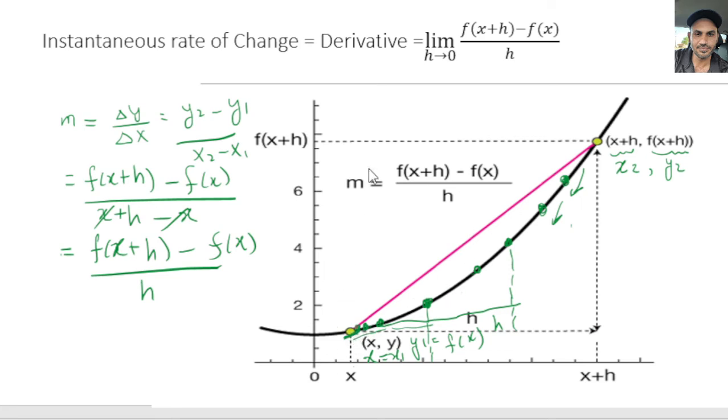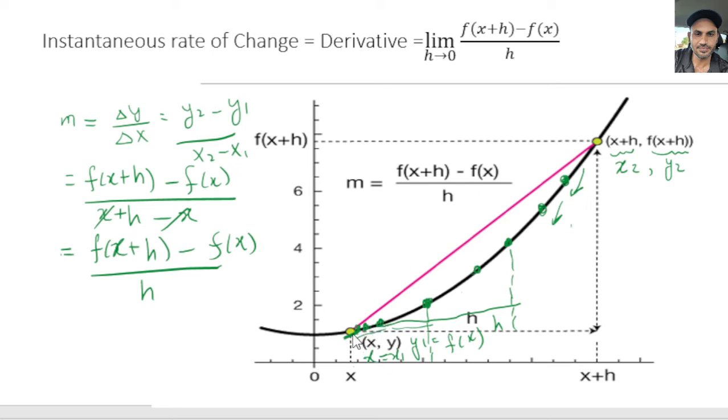For the derivative to exist, the function has to be differentiable, and it has to be continuous. These are the main things we have to remember, and we'll go into more detail later on.